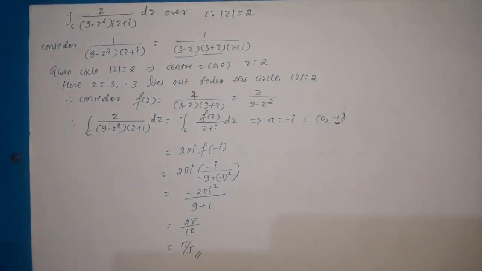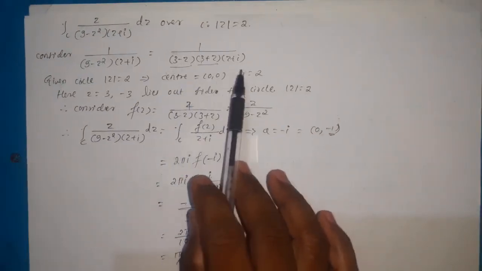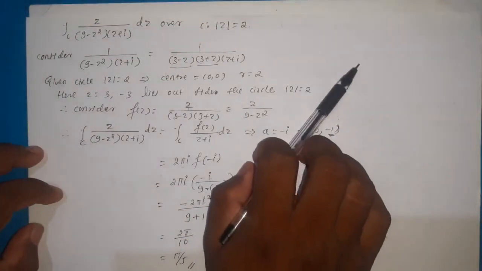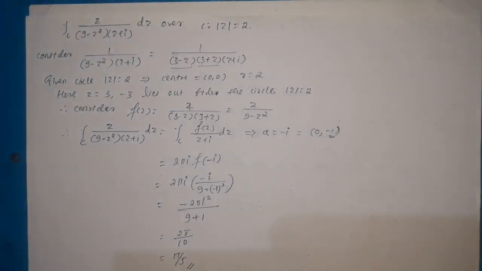If you want to solve this by the usual method, that is a divided by 3 minus z, b by 3 plus z, then c by z plus I. Then you have to find the values of a, b and c, then find the value of the integral separately. Then after finding the values of the integrals, substitute those in the equation, then you will get the required answer. But that is time consuming, because unnecessarily you have to find the a, b, c values.